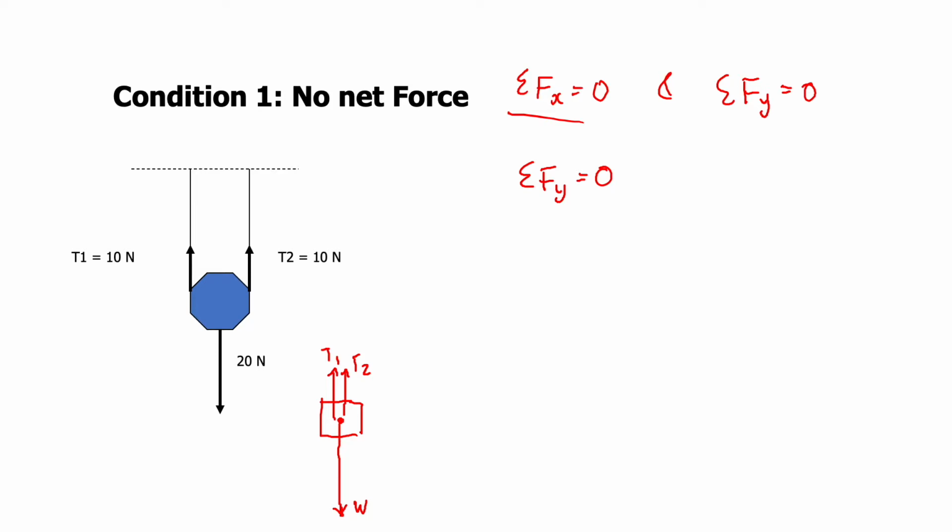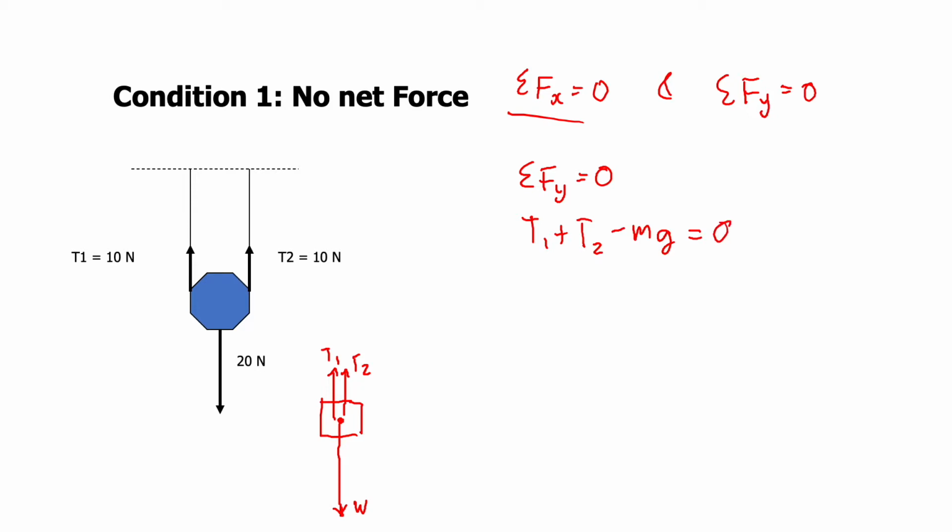Let's deal with the tension forces first. We have T1 plus T2, and they're both positive since they are directed upwards, minus the weight, which is the mass times g, equal to 0.